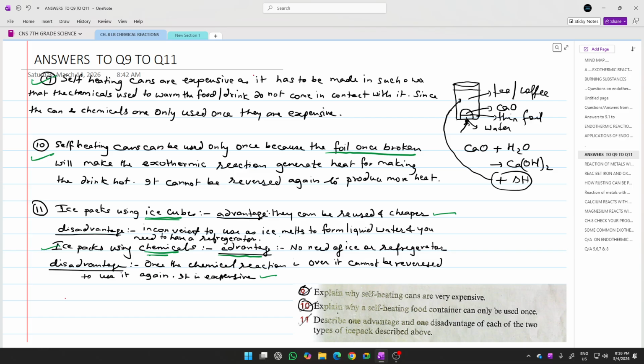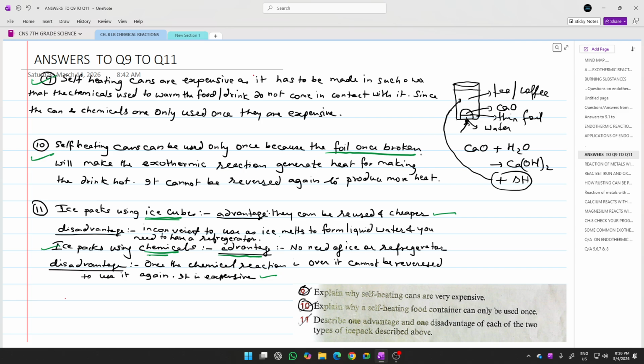It says, explain why a self-heating food container can only be used once. Now, I just told you about this in this answer only. This is a food container, not a tea or a coffee container. So same mechanism, only thing is instead of tea or coffee, you can have some food kept in that container.